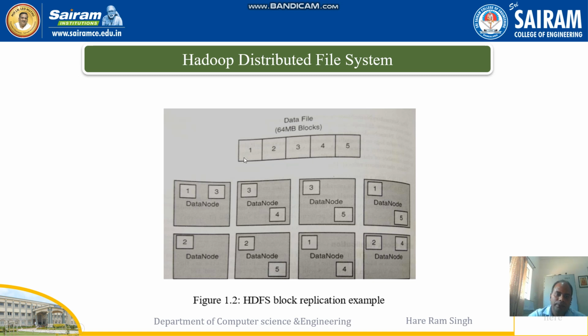So 3 copies of each data block will be stored in the data nodes. Similarly, data block 2 and data block 3 are each stored on three nodes. So 3 copies of each data block are created and stored in the data nodes. This is how it works.